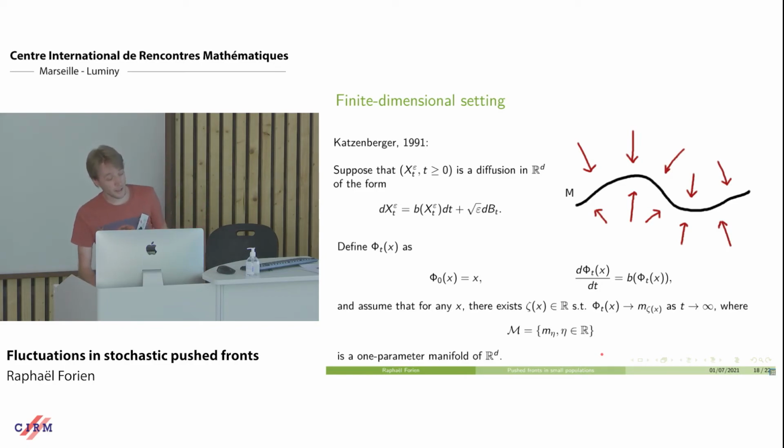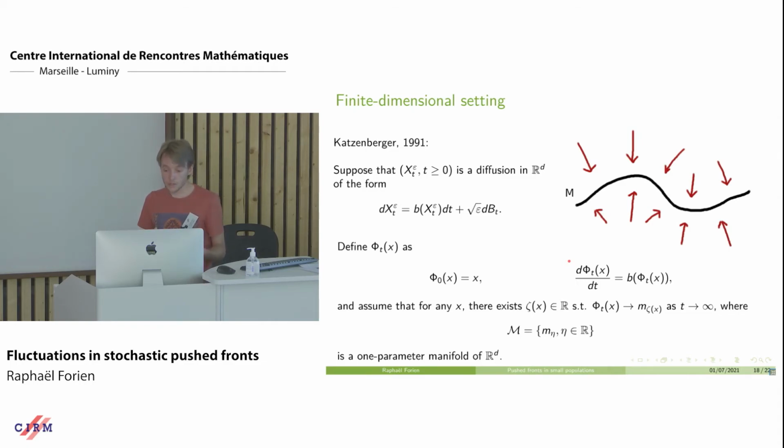So suppose you have this X epsilon here that is doing some diffusion in R^d, where you have an order 1 drift term and a small order noise term. And the assumption that we make on the b is that the deterministic flow associated to b, so this is this phi t of x, right? So phi t of x is the function of time that gives the solution to the ODE started at x.